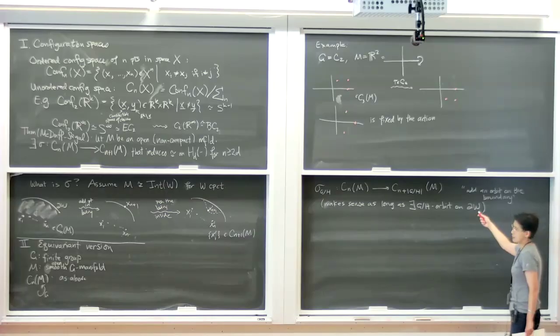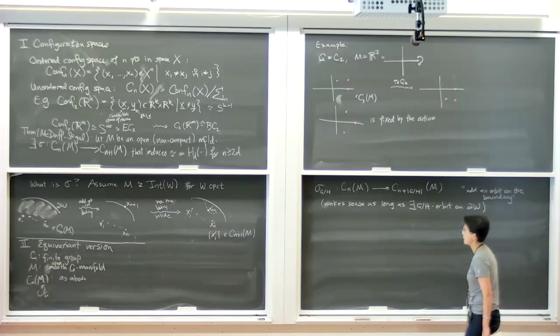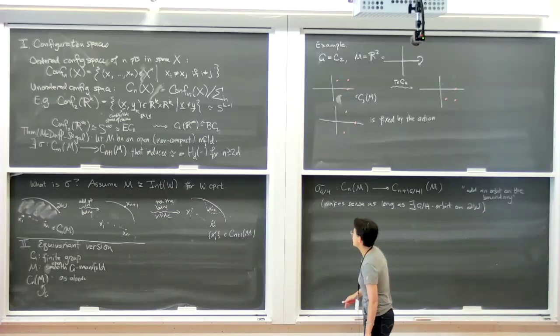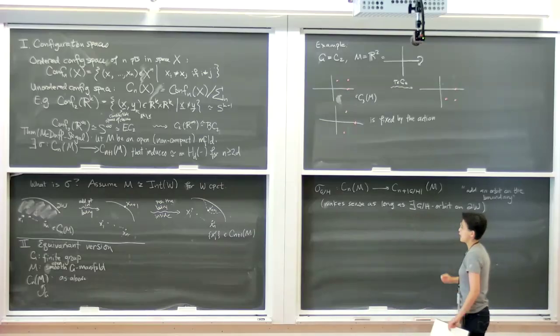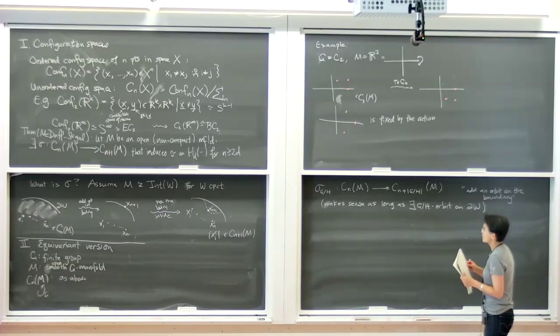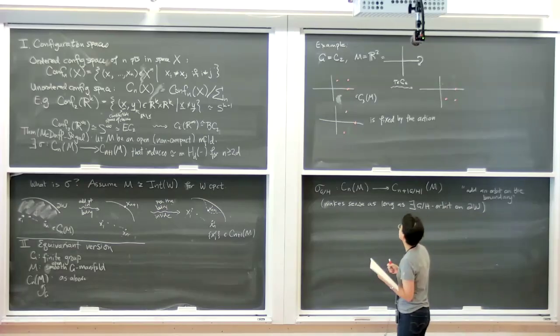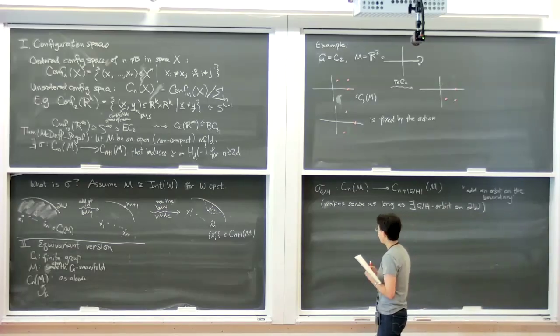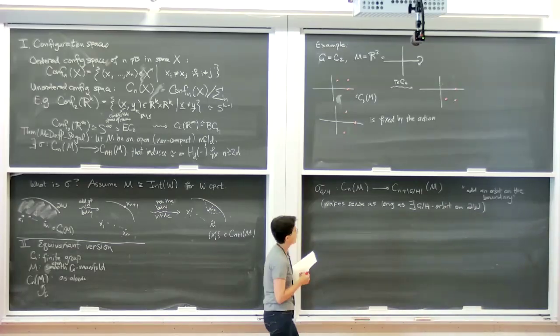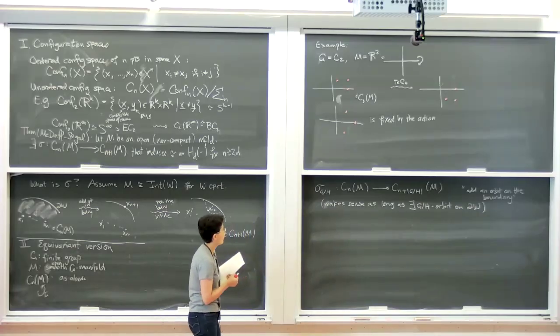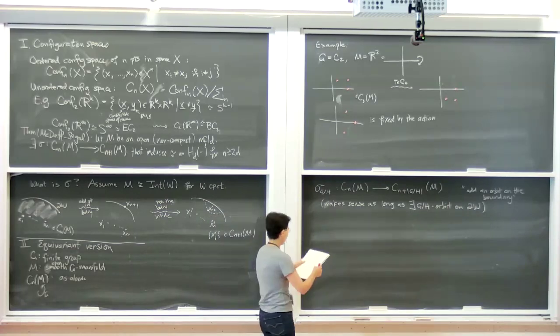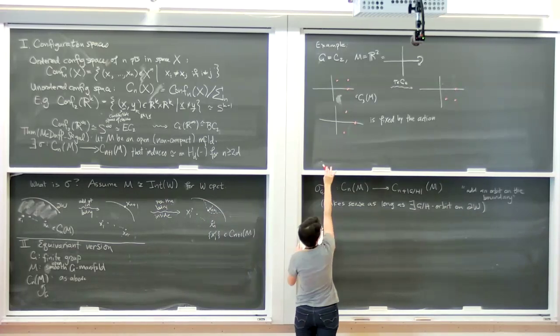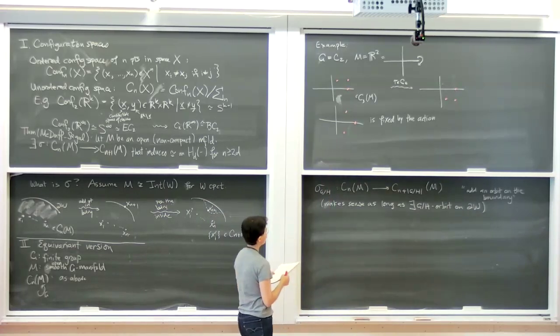So this is a hypothesis, but it does happen in the cases we care about, which are representations, or the regular representation. So this is an example of the regular representation.